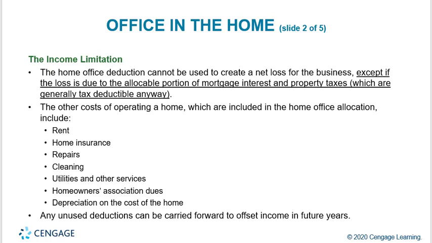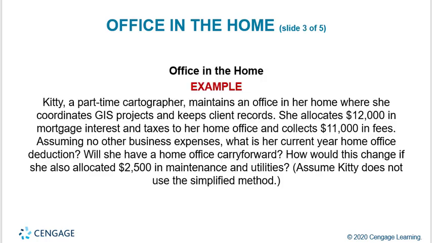The other costs of operating a home, which are included in the home office allocation, include rent, home insurance, repairs, cleaning, utilities, homeowners association dues, depreciation, and any unused deductions can be carried forward to offset income in future years.